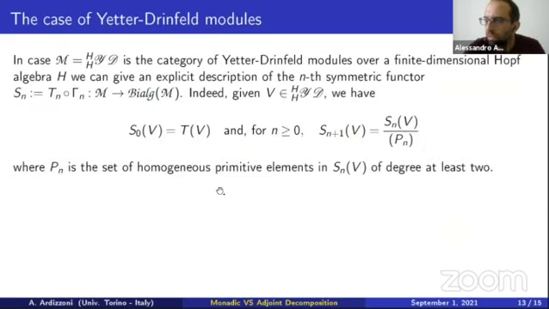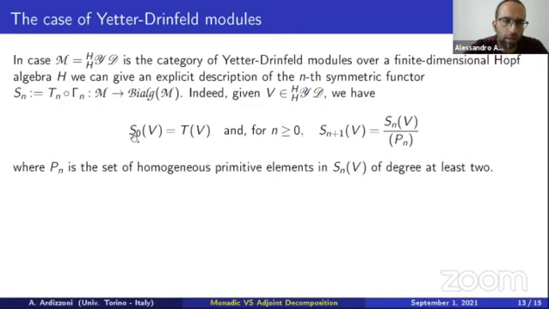Let's look at what this family of new functors, the symmetric ones, I mean, is in a particular case. Take a finite dimensional Hopf algebra H and consider the category of Yetter-Drinfeld modules over it. These are just left H modules which are also left H comodules, and the two structures are suitably compatible.